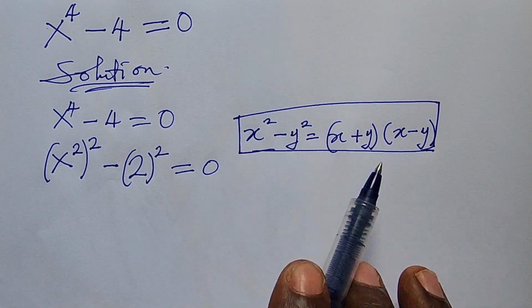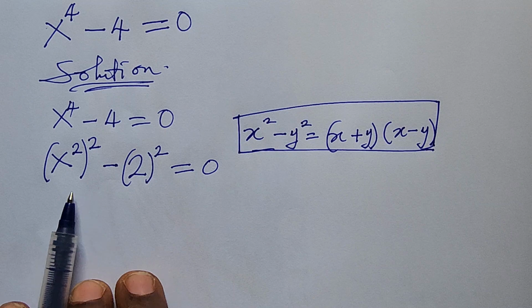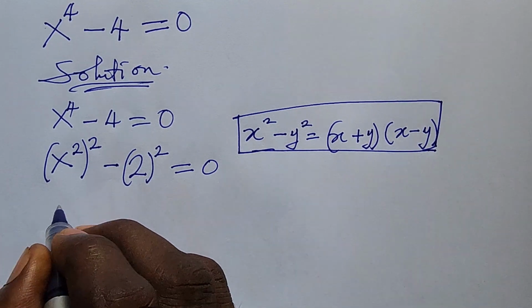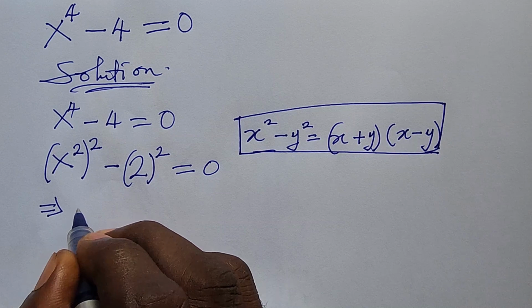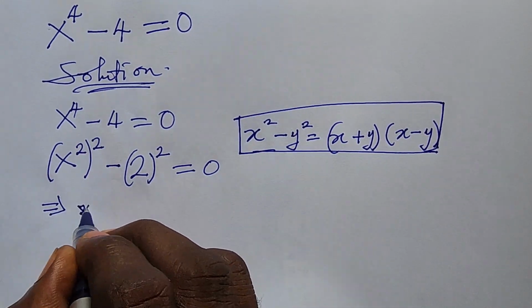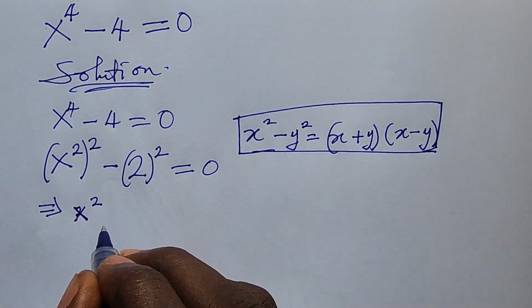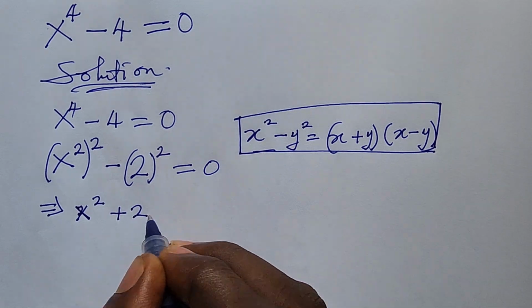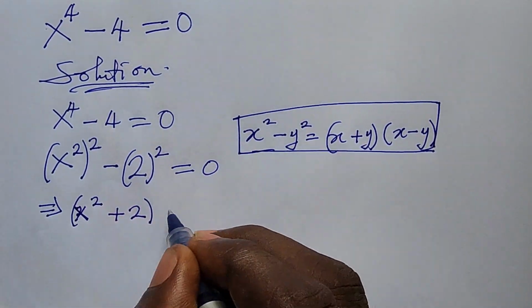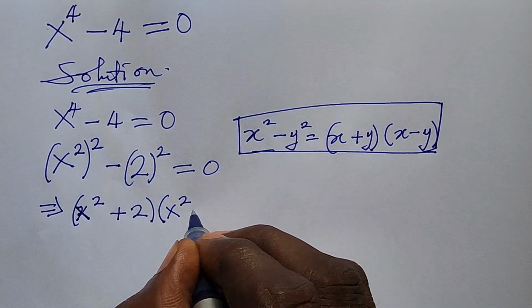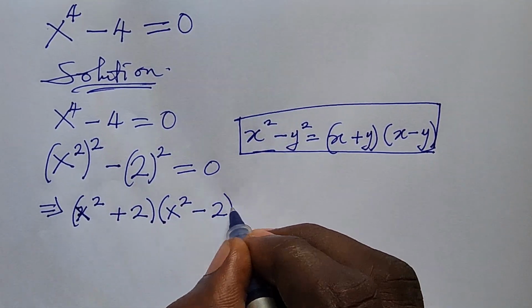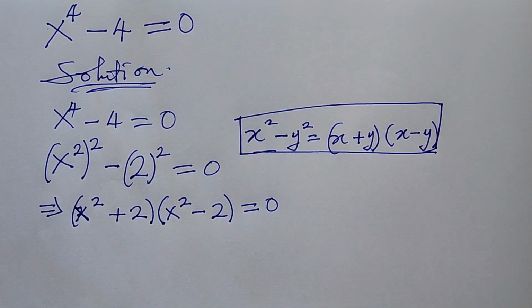So if we bring this formula in here, we can rewrite this expression as, or this now implies that (x squared plus 2)(x squared minus 2) equal to 0.